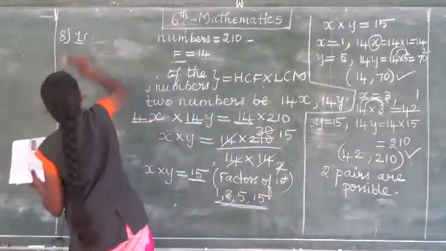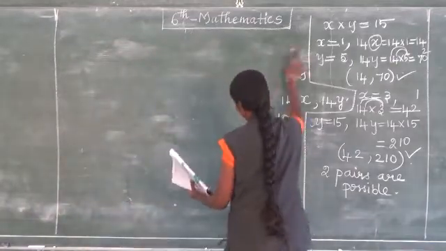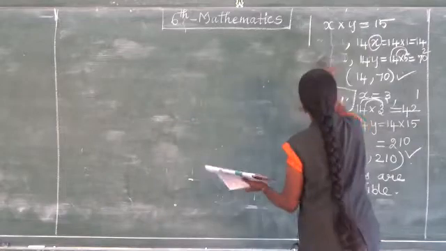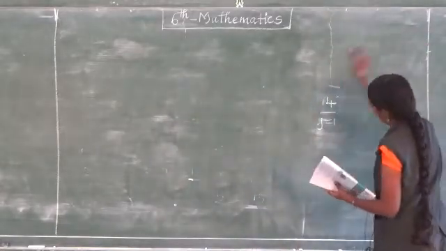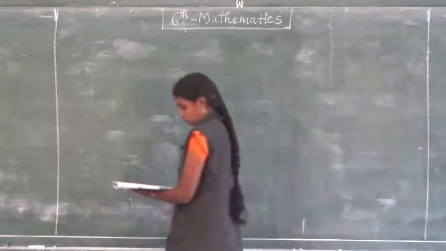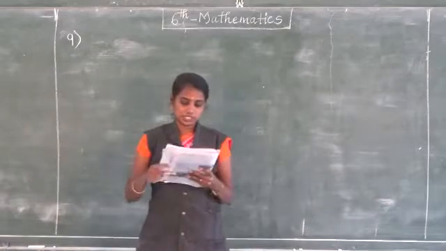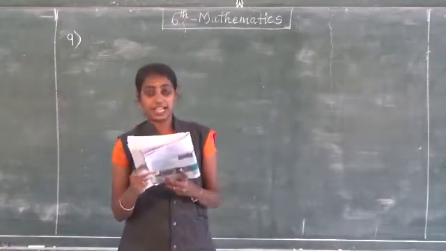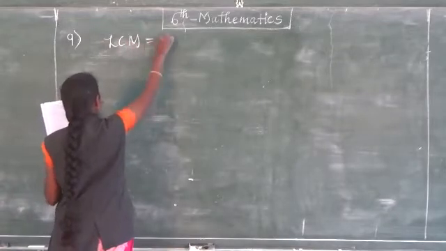Now we are going to see question number 9. The LCM of two numbers is 6 times their HCF.